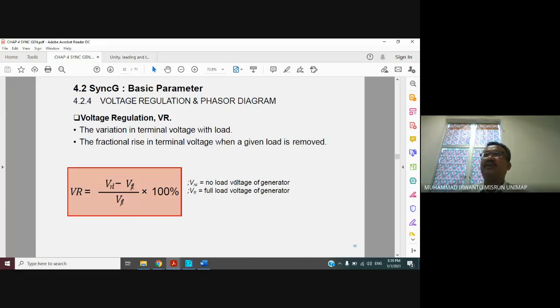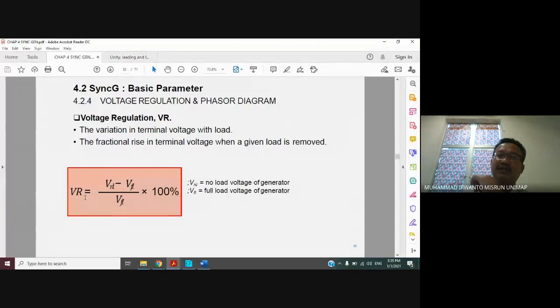Then if the synchronous generator is connected at full load, we have another voltage value, which we call the full load voltage. The voltage regulation is given by this formulation: no load voltage minus full load voltage, over full load voltage, multiplied by 100. This is the voltage regulation.